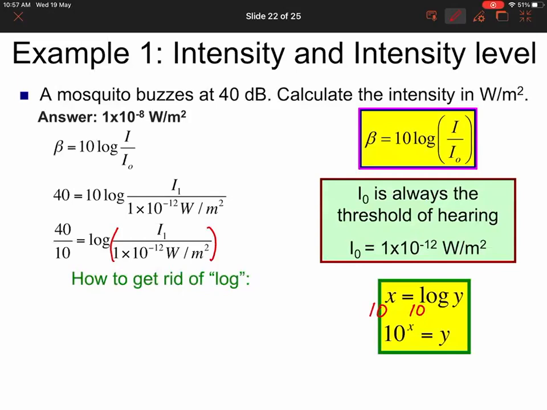So if you do the reverse, for example, you do log on both sides, maybe I won't confuse you with that for now. So here, to get rid of the log, you put a base 10. So how do you do that here?